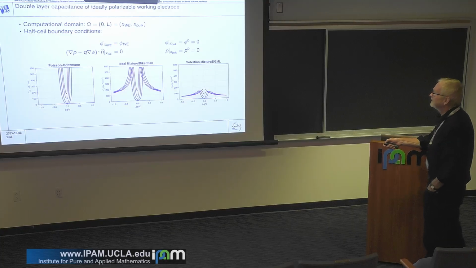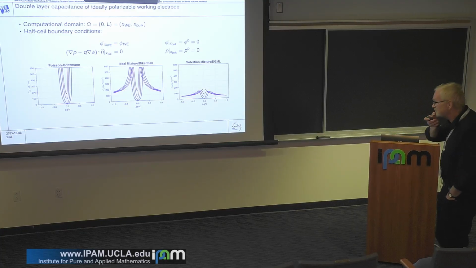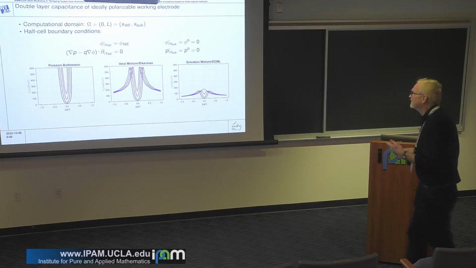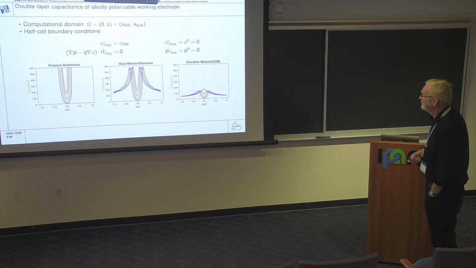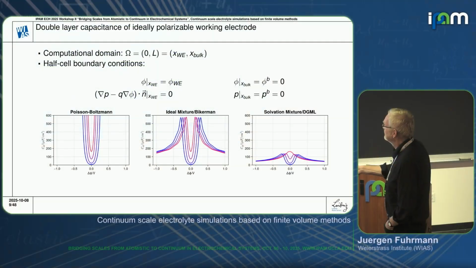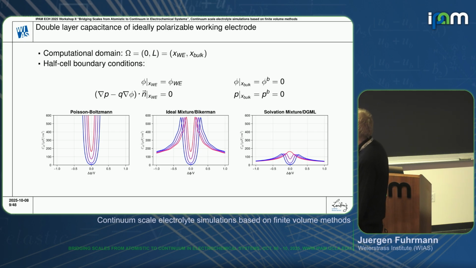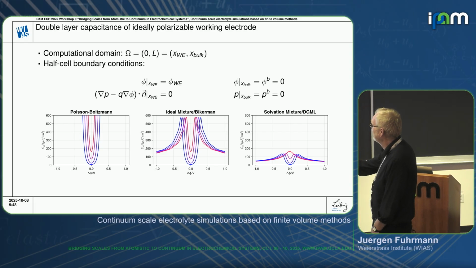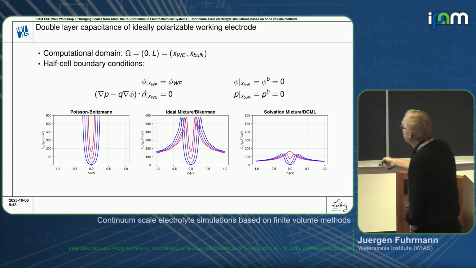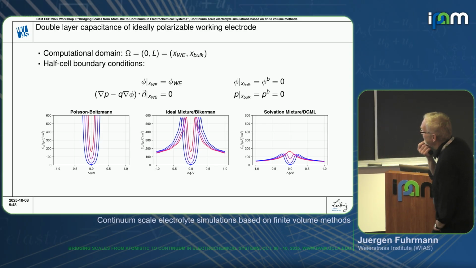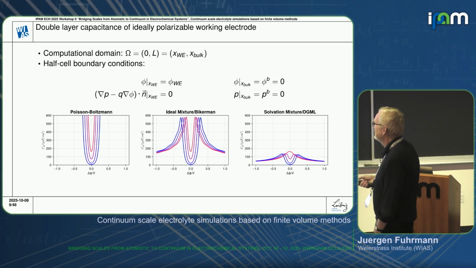And if we now set up a computational domain, which would mean some kind of double layer, some ideally polarizable working electrode, we can set the electrode side as a working electrode, apply potential, and just a corresponding no-flux boundary condition for the pressure, and some bulk boundary conditions. We get the Poisson-Boltzmann double layer capacitance curves.